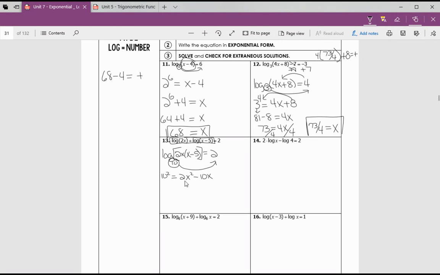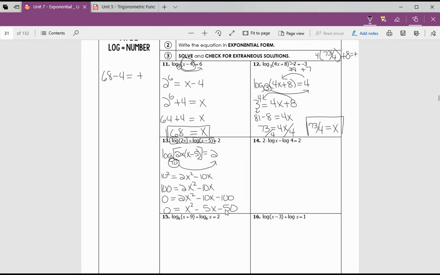So now I can reduce this problem. I can reduce every single number in this problem by 2, so that's what I'm going to do. Before I do that, I'm going to set it equal to 0 because it is a quadratic. So I'm going to subtract 100 from both sides. Now, that gives me x squared minus 5x minus 50.